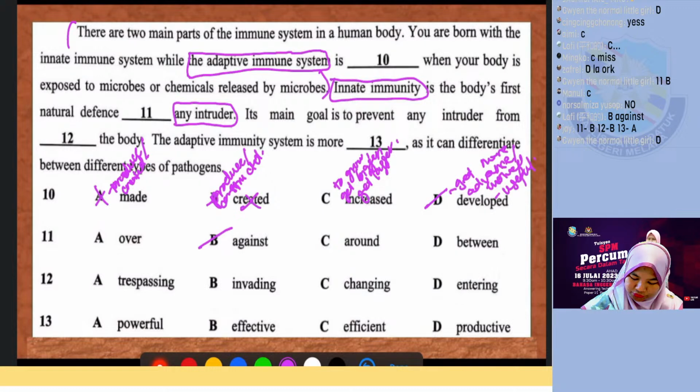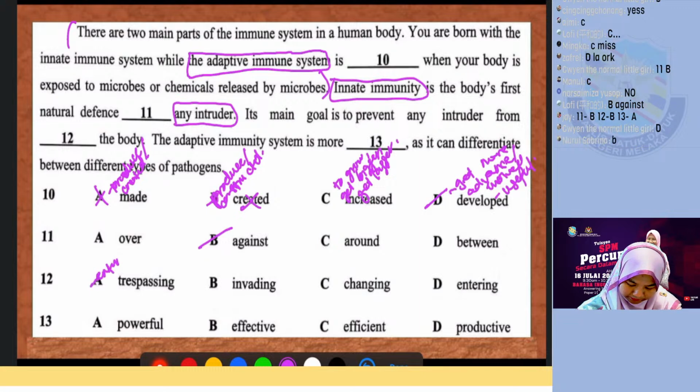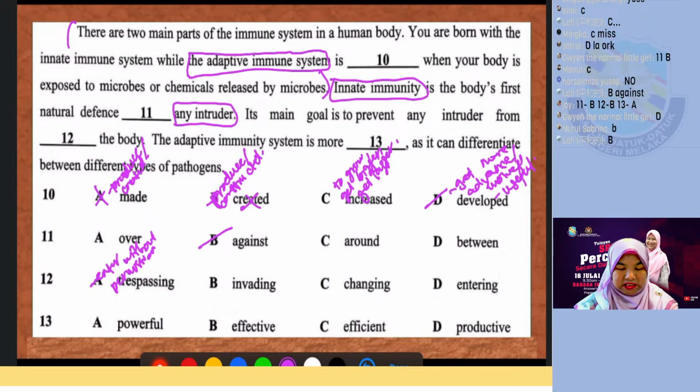Trespassing means you enter without permission. Maybe you trespass a person's private area, a restricted area. What will you call it in BM? Trespass means you enter without permission. Menceroboh, yes, in BM it is menceroboh.